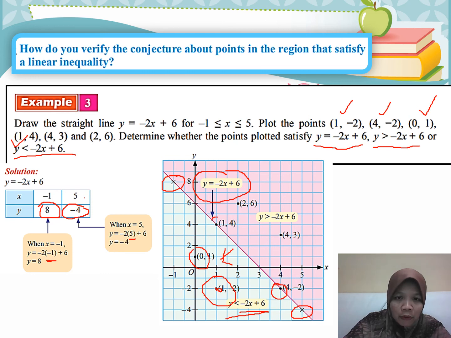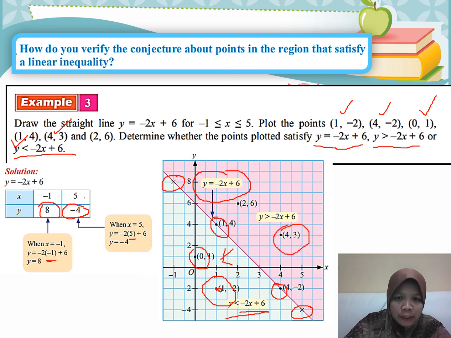1, 4 lies on the straight line y equal to negative 2x plus 6, so we know that 1, 4 satisfies y equal to negative 2x plus 6. And the fifth point, 4, 3, where is the point? Here, this is the point 4, 3.